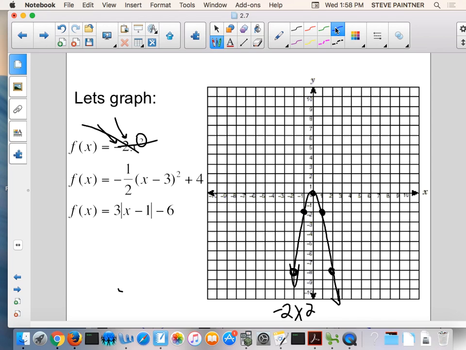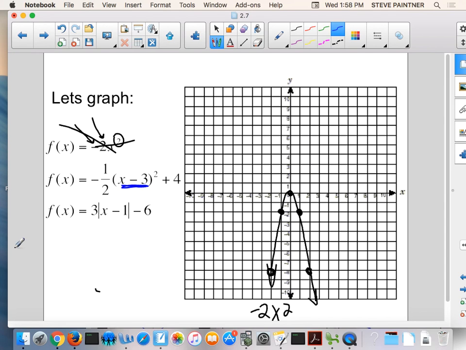Okay, everybody, watch. Where you start is everything. So yesterday I taught you this. Inside parentheses, this means move your parabola where? Left or right? Right. Seems backwards, it's -3, but it's forward. This is right 3.